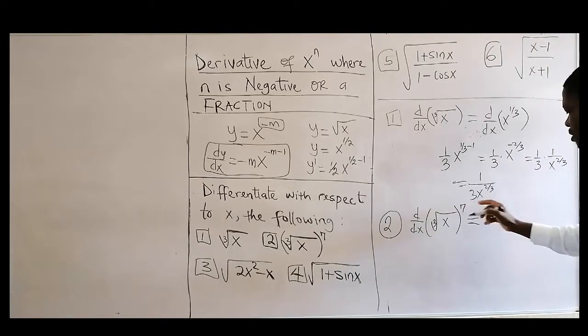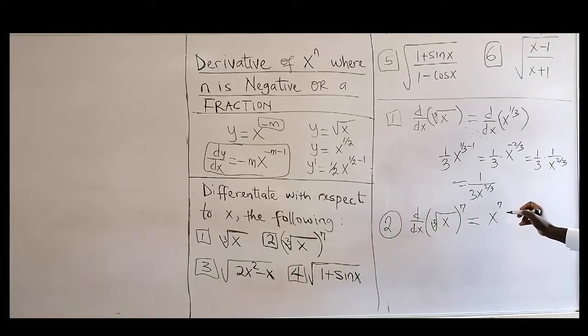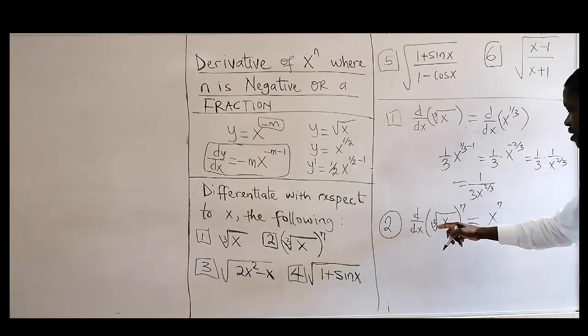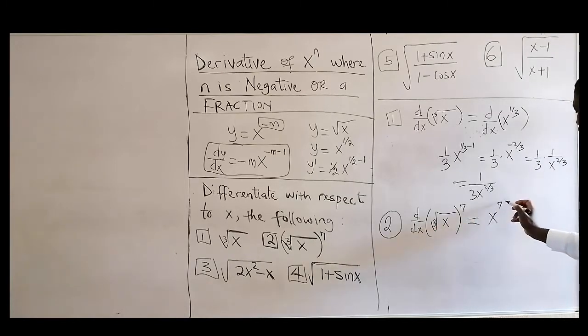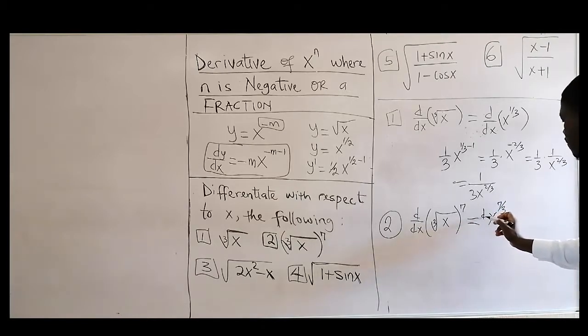I told you the power here will be the numerator of the exponent, and what you have inside the root will be the denominator of the exponent. Okay, so that's step one.